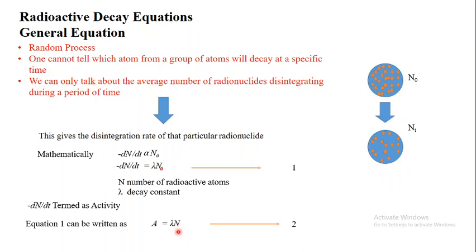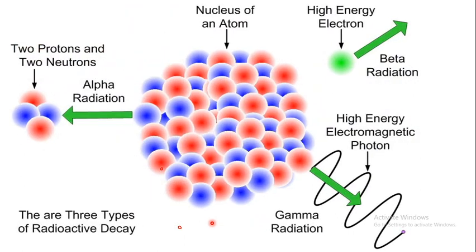In this regard, we reach this point: activity is equal to lambda N naught. By explaining this, please have a look at this nuclide.